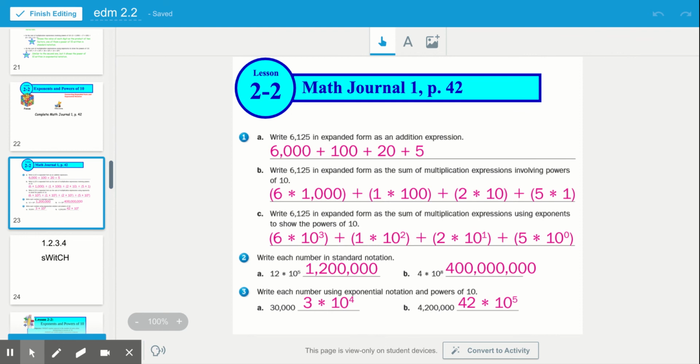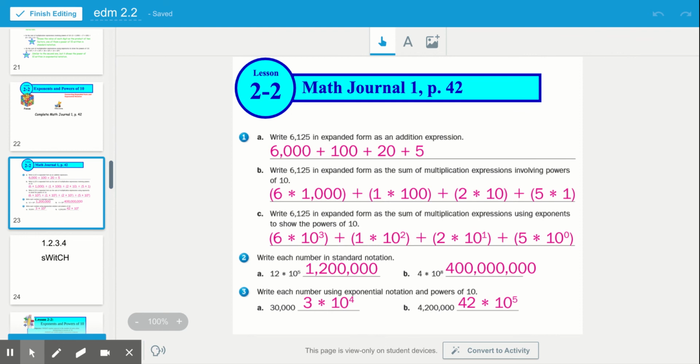And then in expanded form as in exponents, powers of 10, 6 times 10 to the 3rd plus 1 times 10 to the 2nd plus 2 times 10 to the 1st plus 5 times 10 to the 0 power. Again, remember that when you're using a number in the ones place, it's 10 to the 0 power. We can still write it as an exponent of 10 with powers of 10.